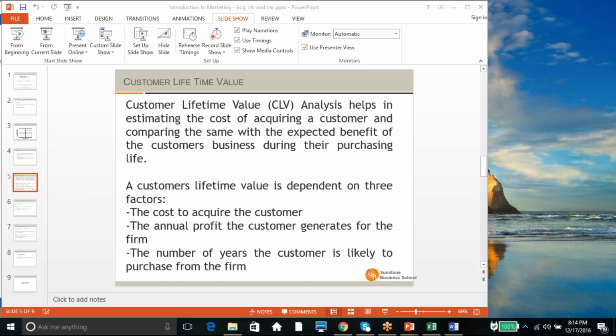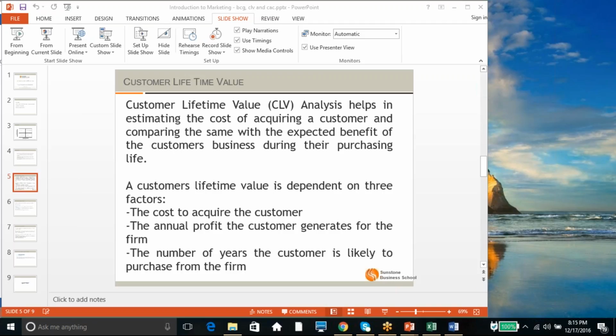So B into C minus A. Total revenue generated is equal to B into C. And total cost spent is equal to A.